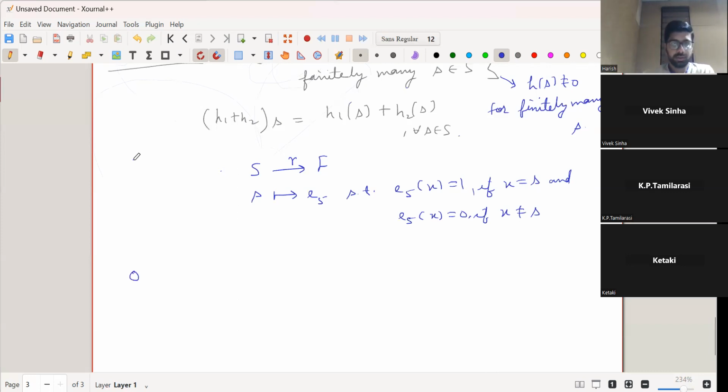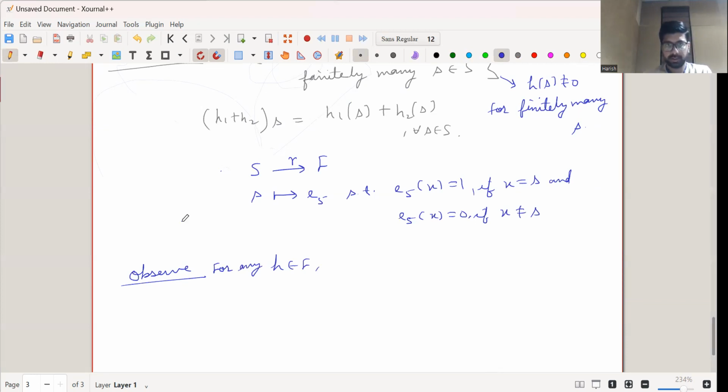Okay. So the observation is, any H belonging to F, there exist finitely many S1, S2, up to Sn belonging to S, such that H is the summation of H(Si) times E_Si, for i from 1 to n.